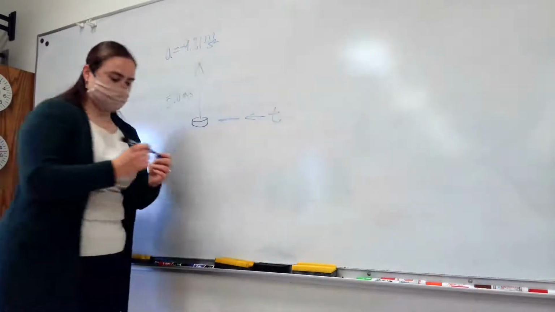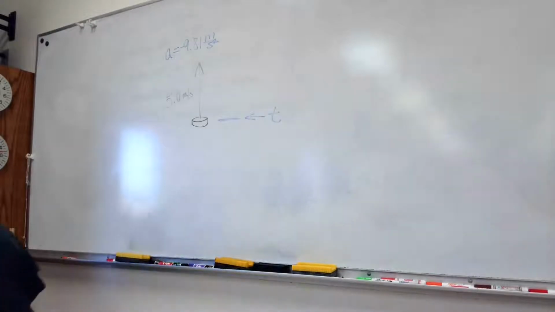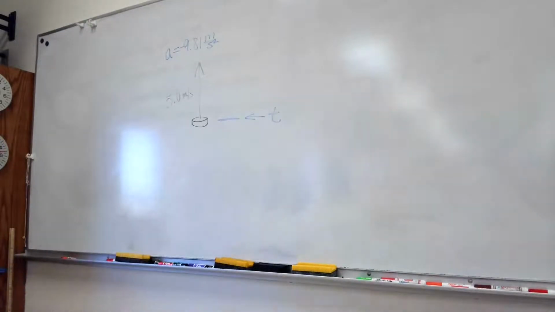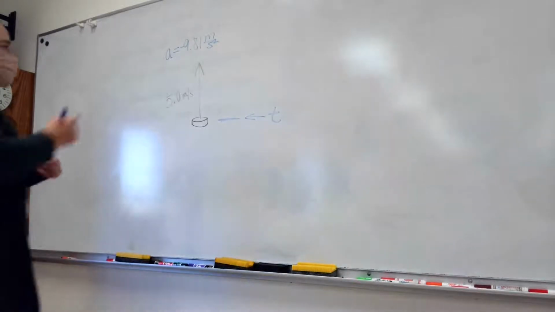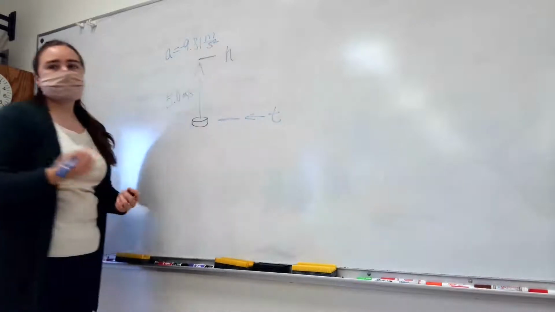So we're looking for time. Any ideas of what we might want to do next? How high is it, maybe? We might need to know a height, so we can look here at a height.